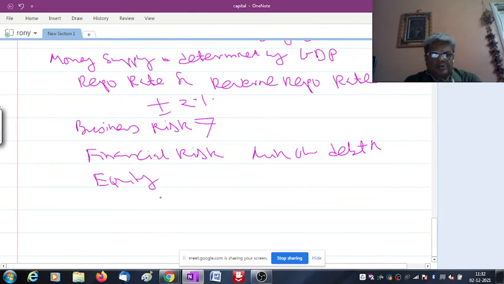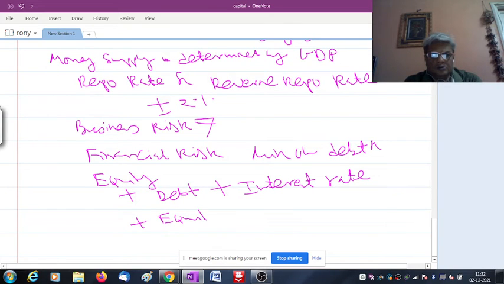Higher debt means higher interest rate, and higher equity means higher ownership risk. Got it?